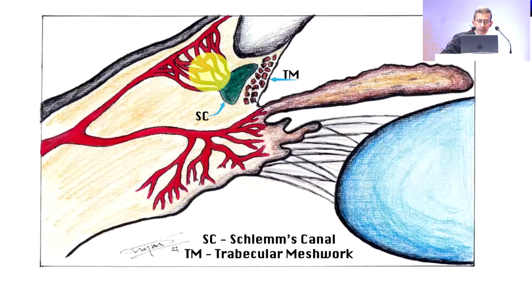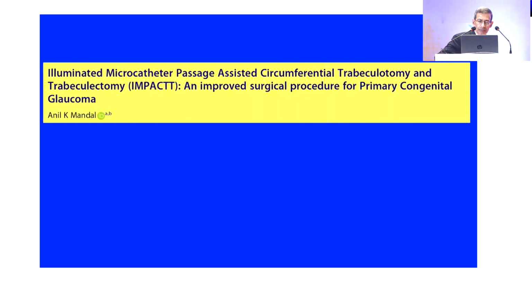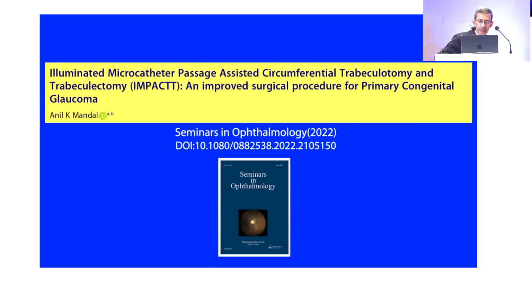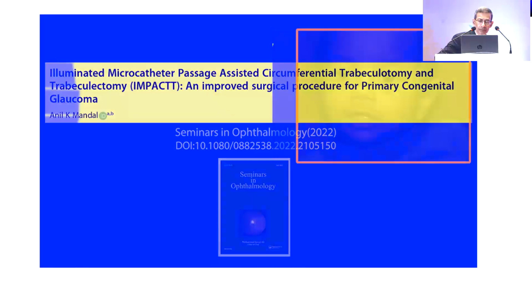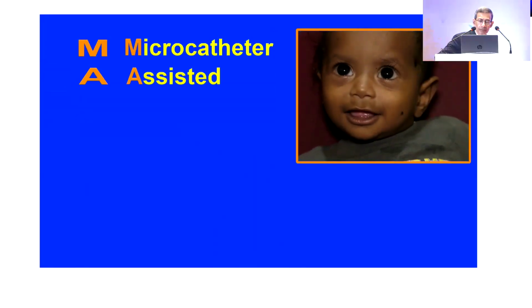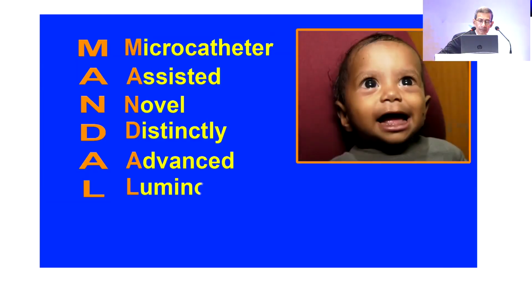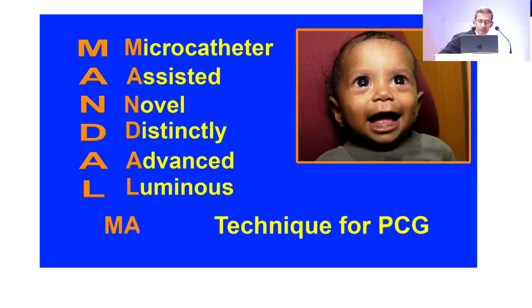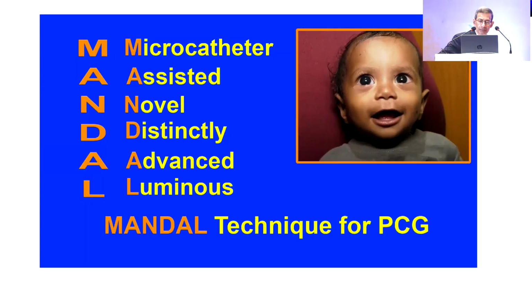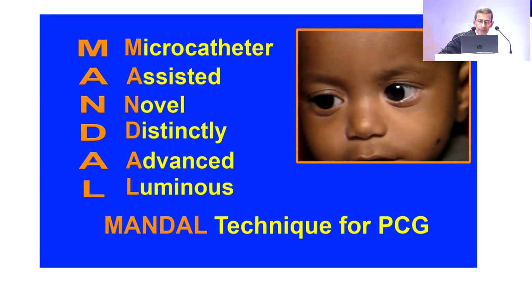A poorly functioning distal outflow pathway will necessitate an additional surgical step that bypasses it, like trabeculectomy. This surgical procedure represents a microcatheter-assisted, novel, distinctly advanced, luminous technique, that is, the MANDAL technique, suitable for advanced primary congenital glaucoma.